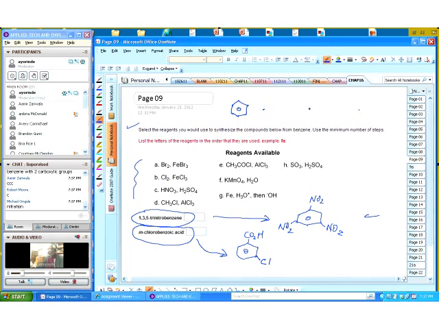So in other words, you want us to use excess of nitric acid in the presence of sulfuric acid. If we do that, then we expect to get this product.